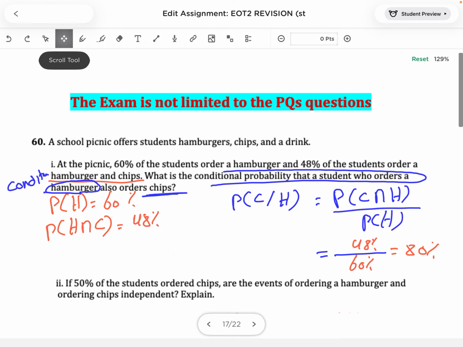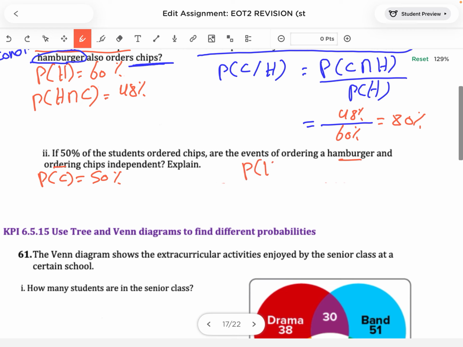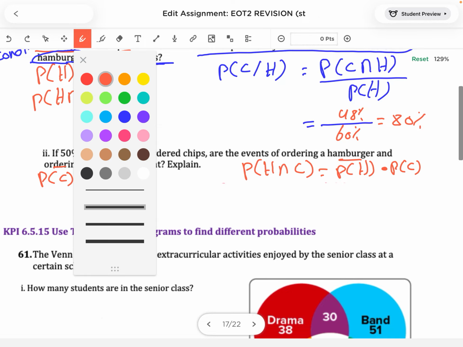Next one. If 50% order chips, so the probability of chips is 50%. Are the events hamburger and chips independent? How do I know they are independent? The probability of hamburger and chips equals the probability of hamburger times the probability of chips. Let us check.